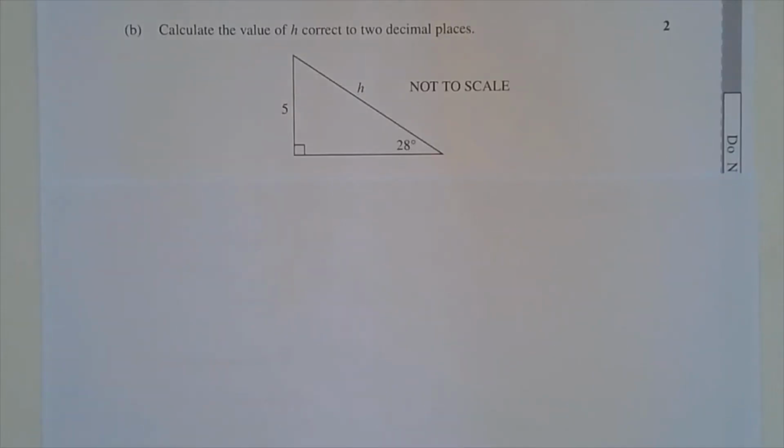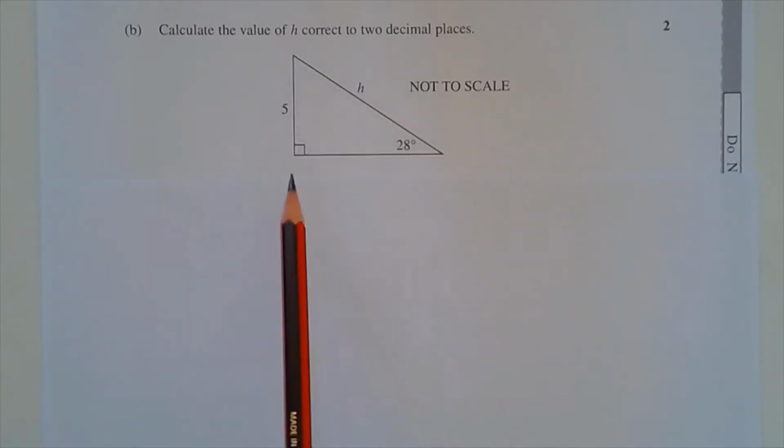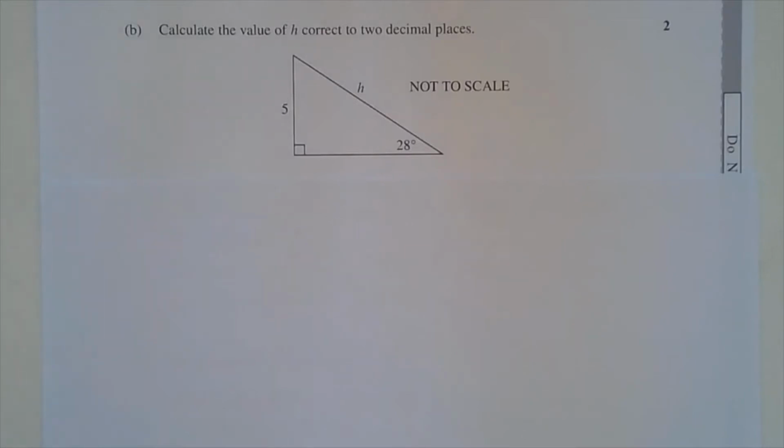Question 26b. Calculate the value of h correct to 2 decimal places. Now we're dealing with a right-angled triangle, which means either Pythagoras' Theorem or right-angled trigonometry will need to be applied. Now Pythagoras' Theorem is applied when we have two known sides, and in this case we've only got one known side and the other side's unknown, and we have no idea what's going on with the third side, which leaves us right-angled trigonometry.